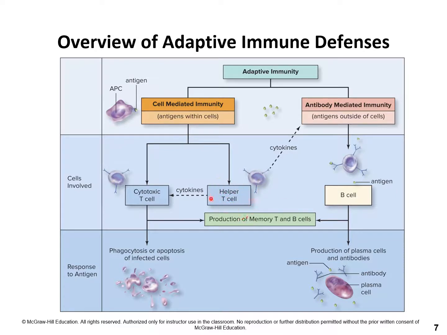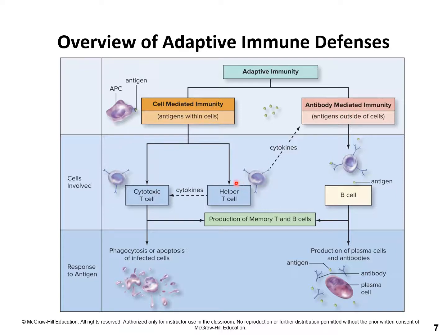These helper T cells are going to activate the cytotoxic T cells, and they're also going to activate the adaptive immune pathway, the antibody-mediated immunity. So this helper T cell orchestrates both the cell-mediated immunity as well as the antibody-mediated immunity.